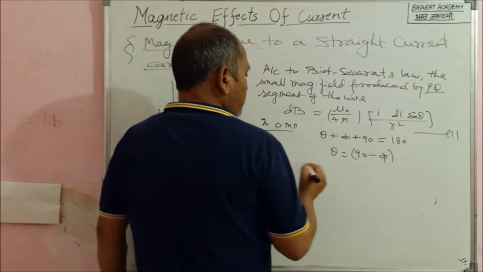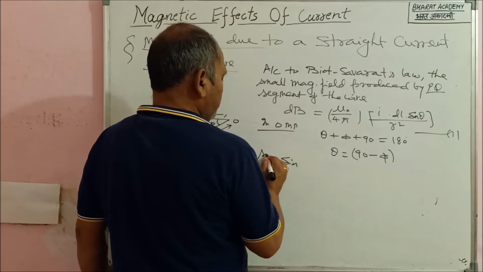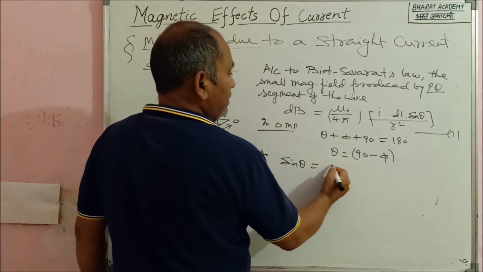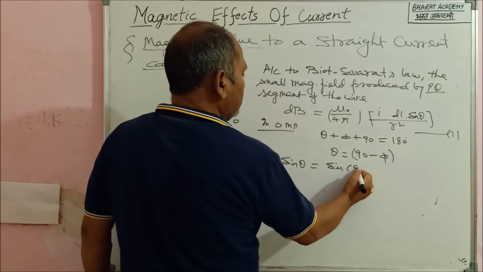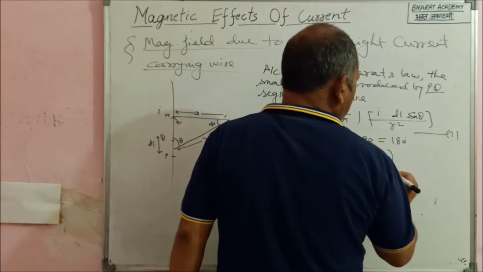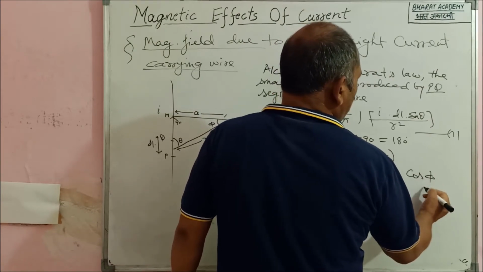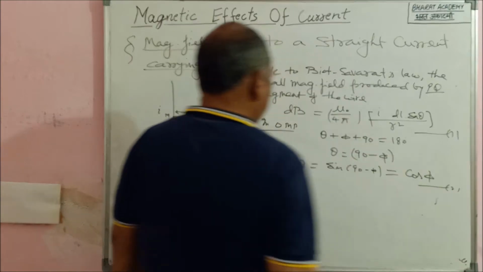Agree? So if theta is 90 minus phi, then sin theta can be improvised by writing it as sin(90 minus phi). And sin(90 minus phi) trigonometrically is nothing but cos phi. Right?